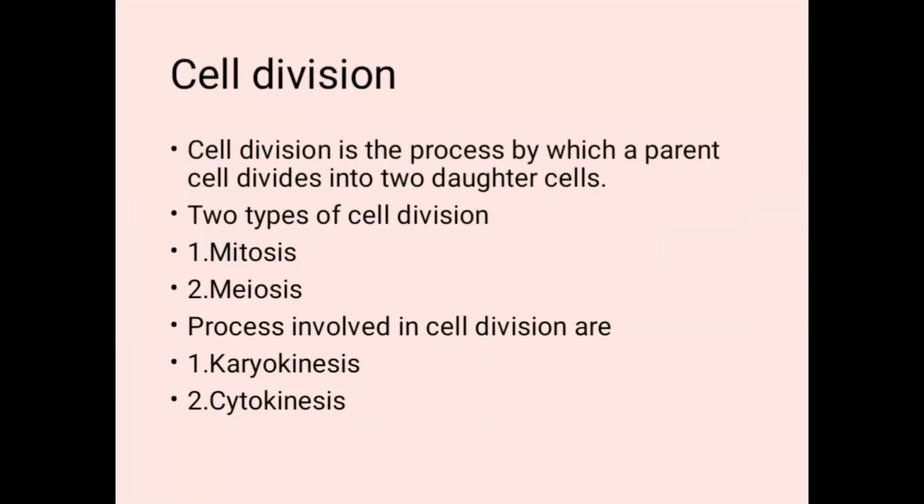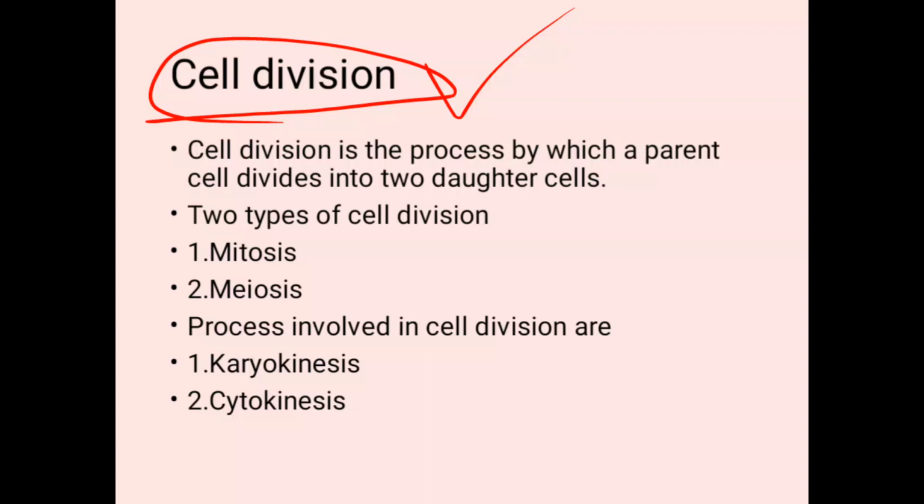So next one is cell division. This is one of the important topics, cell division. From your baby stage to now, because of cell division only you are getting growth and development. Even if you get a small injury, cell division will occur there also. Generally cell division occurs in two types.